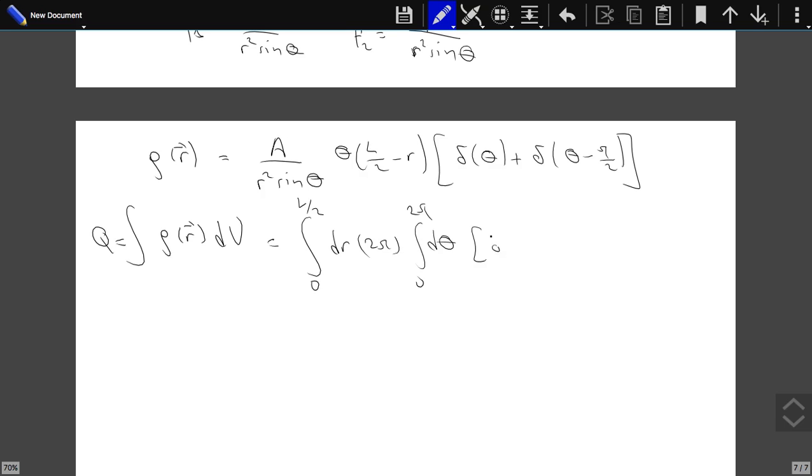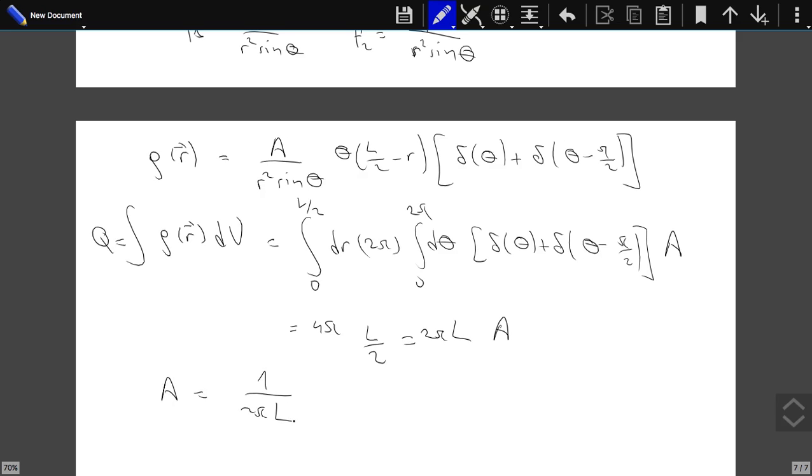We are left with delta theta plus delta theta minus pi over 2. Theta integral brings 2. This is equal to 4 pi L over 2, 2 pi L times A. So A is equal to Q over 2 pi L.